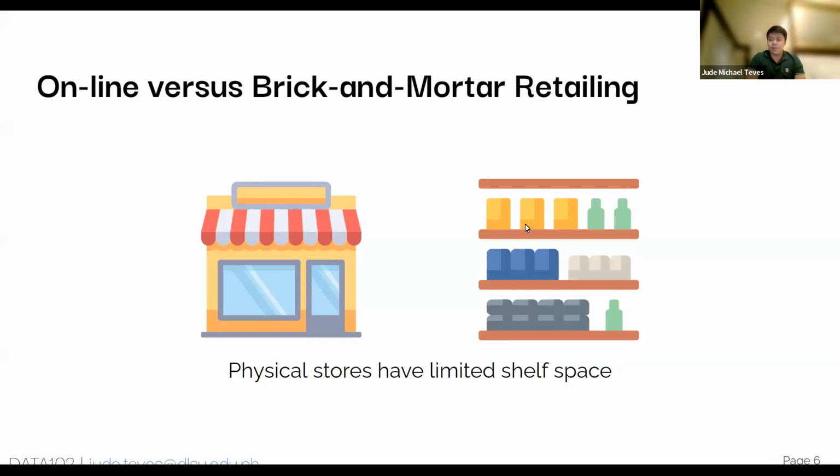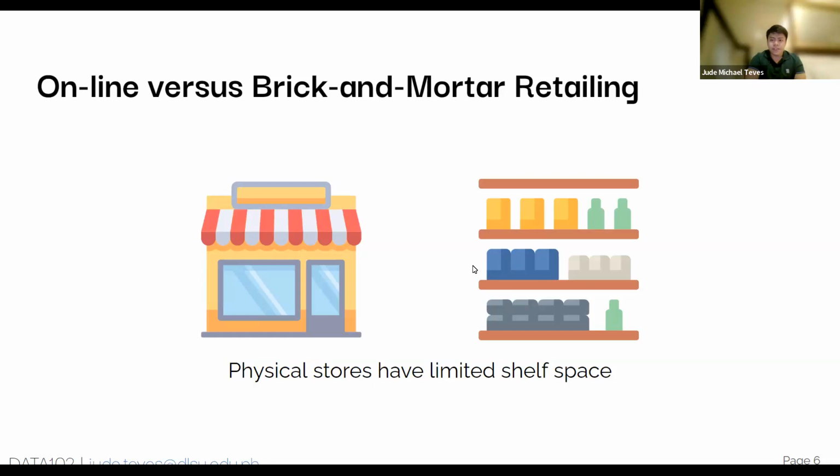So we could basically recommend all the items in online because we don't have a physical space that we're using. So basically, in brick and mortar retailing, we have to target the very important items because we're limited. And that's usually what we're dealing with in the context of association rule learning.